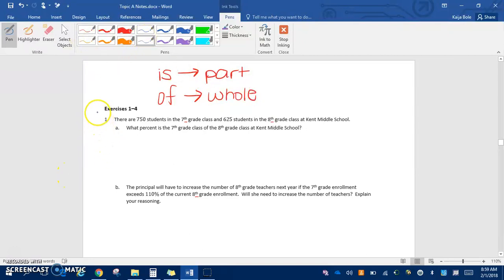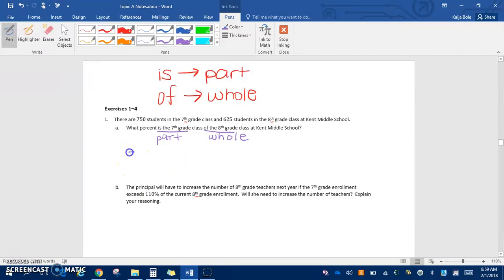Number 1 says there are 750 students in the 7th grade class and 625 students in the 8th grade class at Kent Middle School. What percent is the 7th grade class of the 8th grade class? So 7th grade is the part, 8th grade is the whole. So now I'm going to use just the equation.